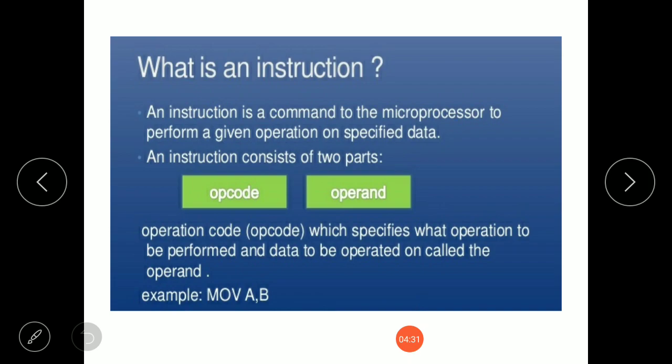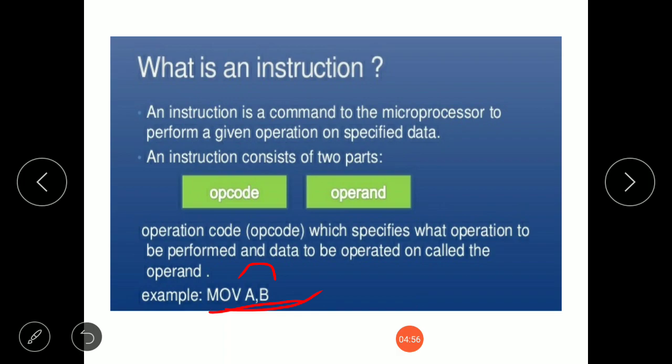For example, here I have shown an example, MOV A, B. Here MOV tells the microprocessor to move the content from register B to register A. So MOV tells about copying the content from register B to register A.